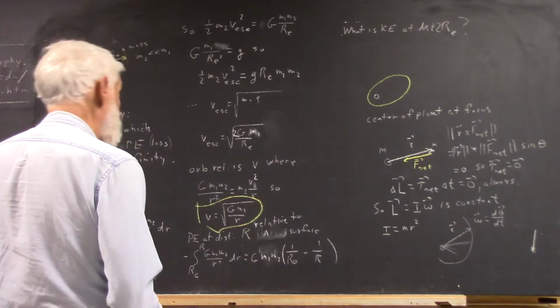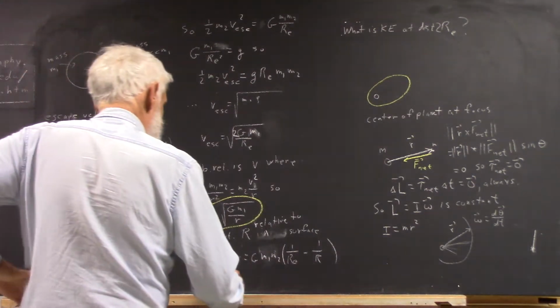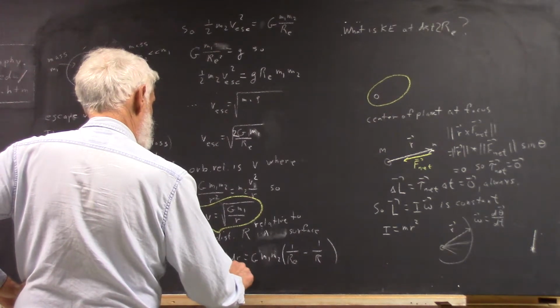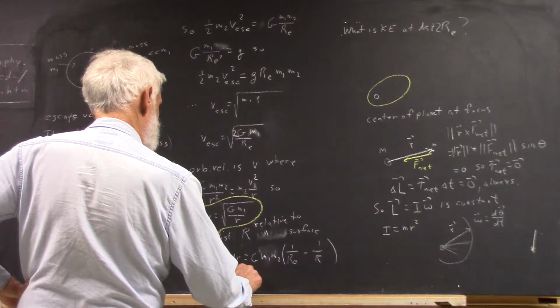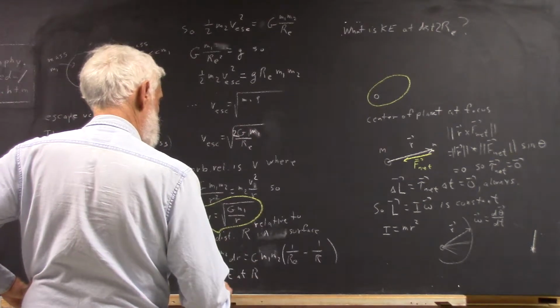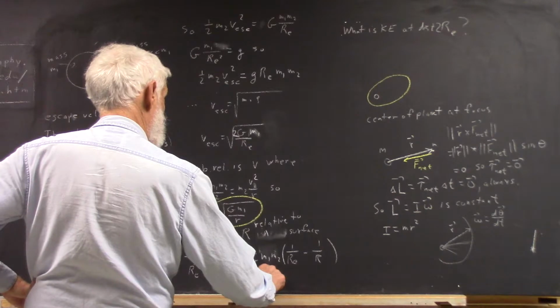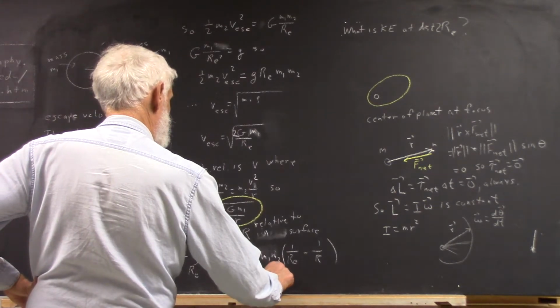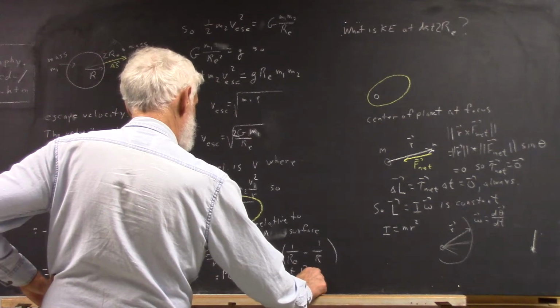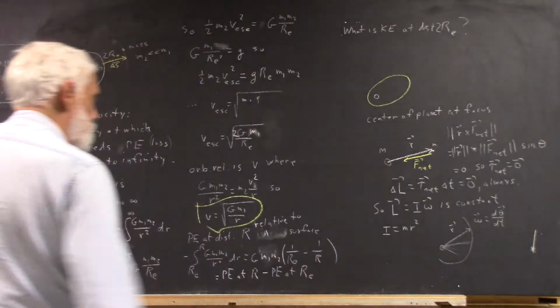I'll add that this could also be the potential energy at distance r minus the potential energy at distance r sub e.